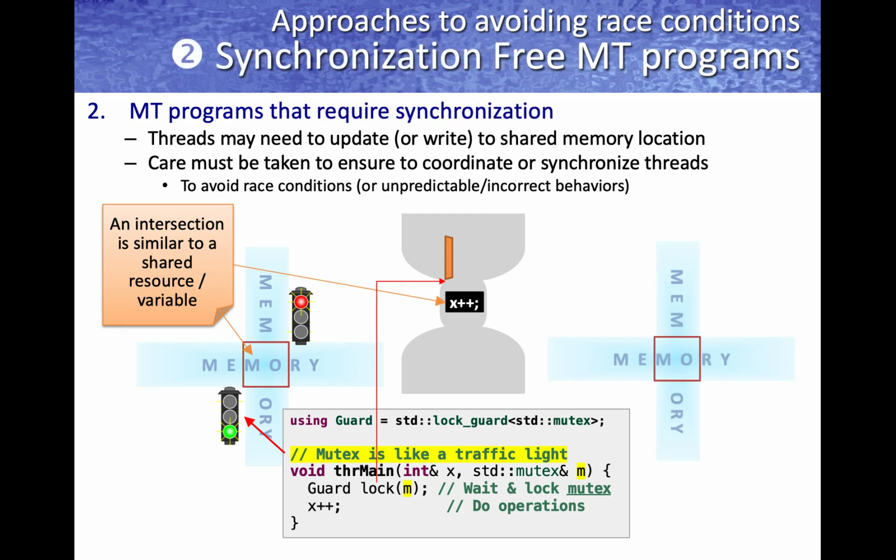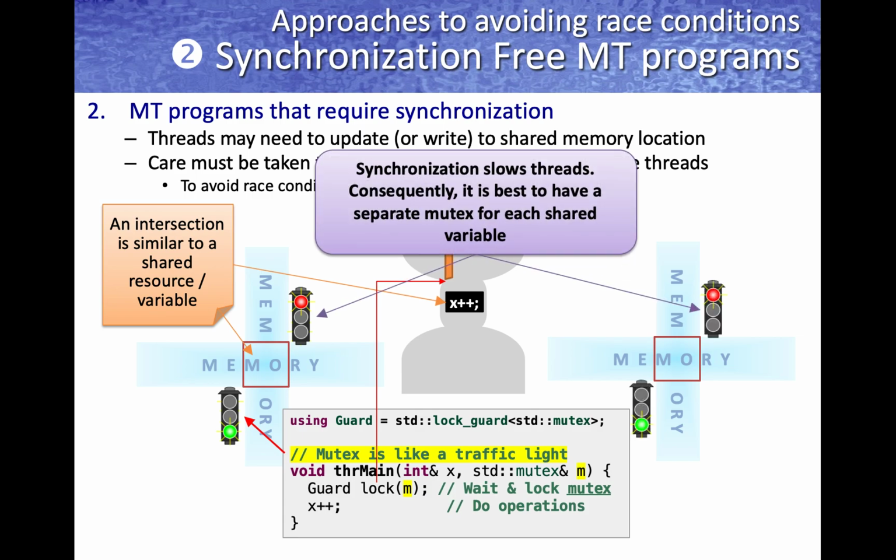So, when we have multiple shared resources or multiple intersections, we need to have multiple lights. This is the same philosophy we're going to look at, where every shared resource should have its own set of mutexes that are locked and unlocked.